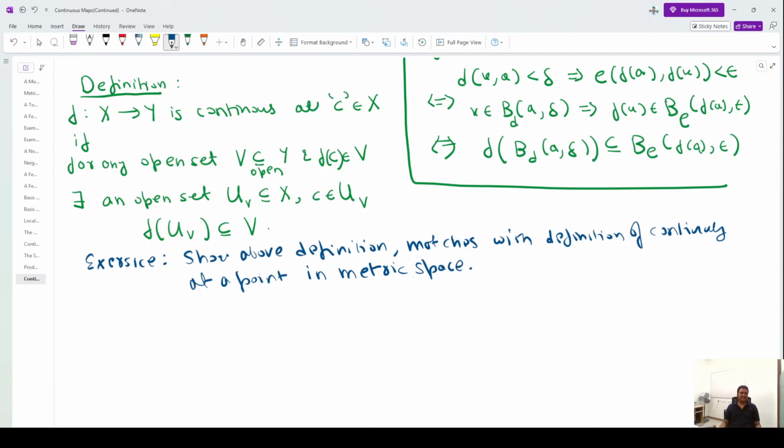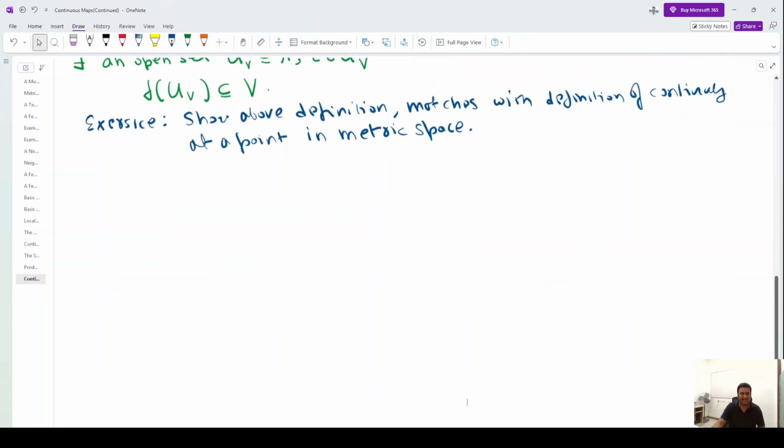You may have done this exercise, but you might not have written it like this. So let me have a theorem then, which we expect. And this I want you guys to do on your own.